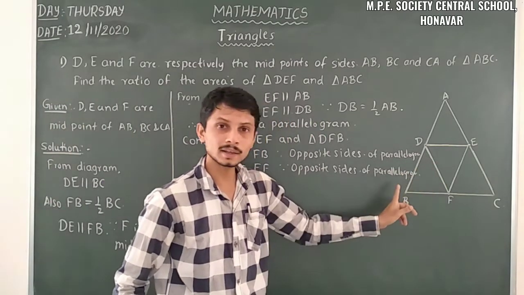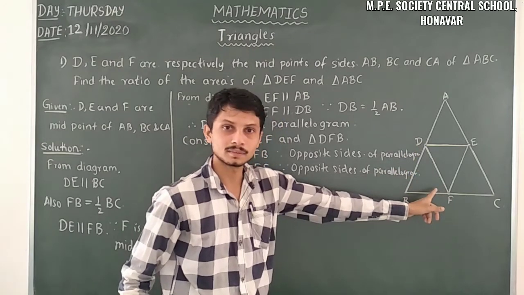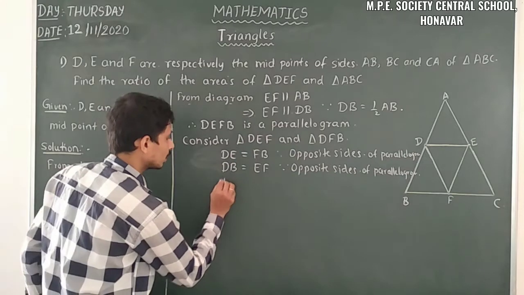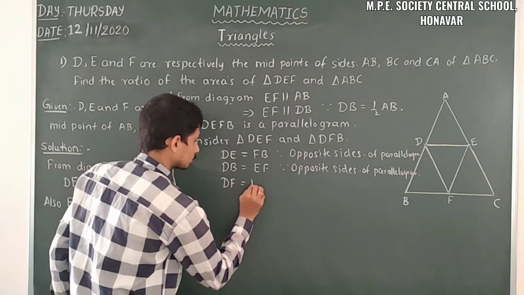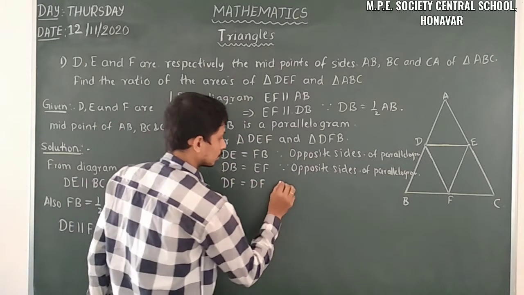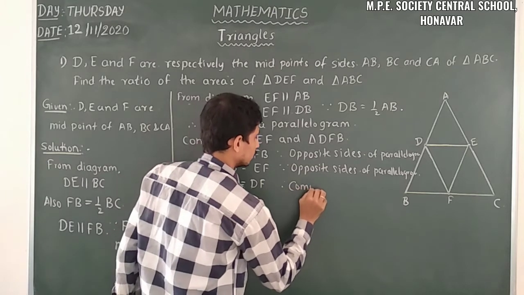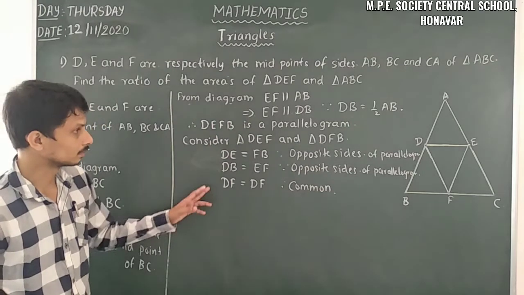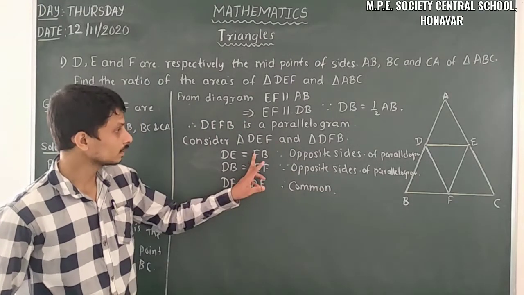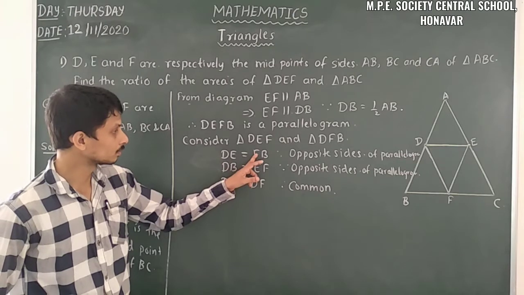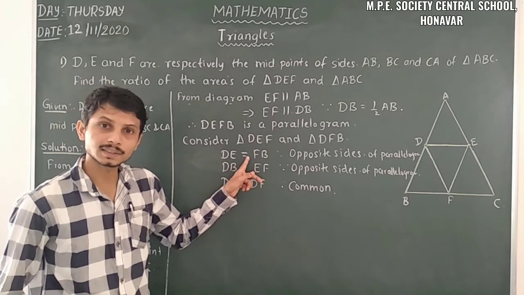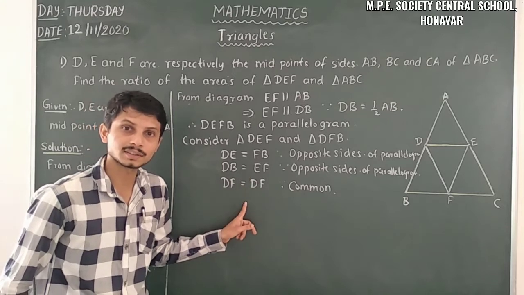Then for these two triangles, one common side is there. That is DF is the common side. DF is equal to DF, because it is common. So here we have the SSS congruence rule: corresponding sides are equal.